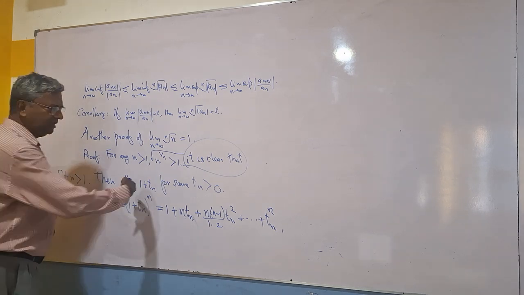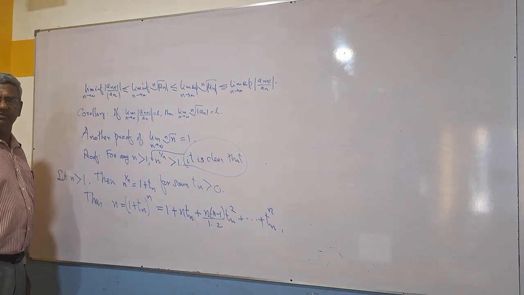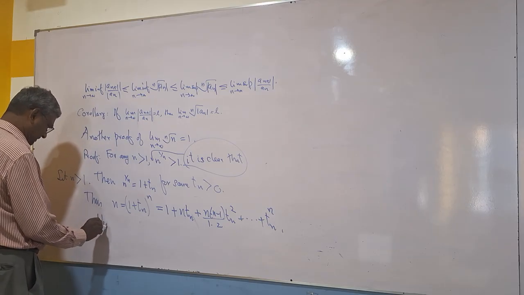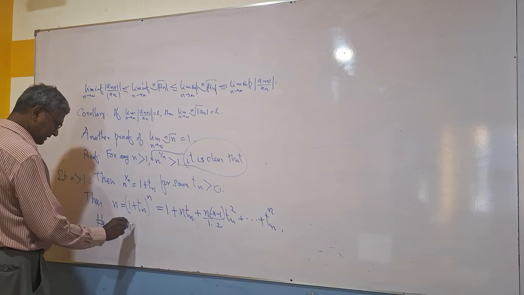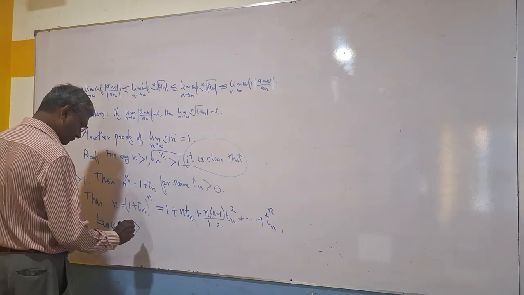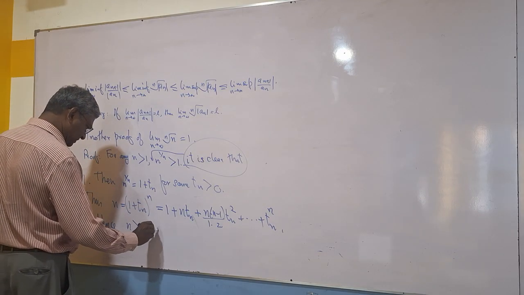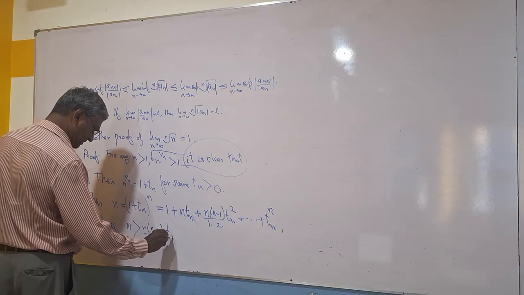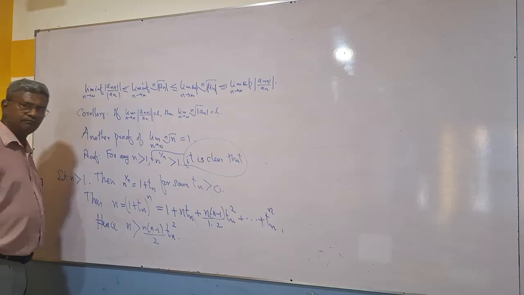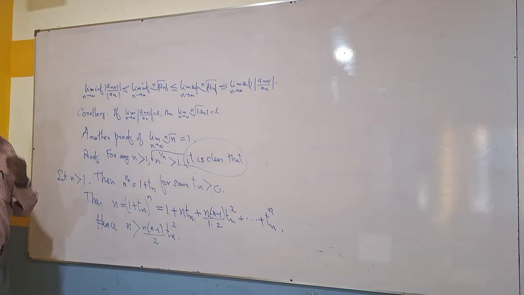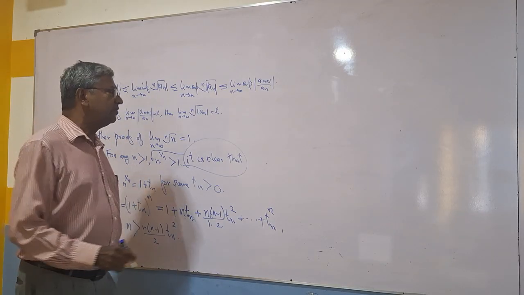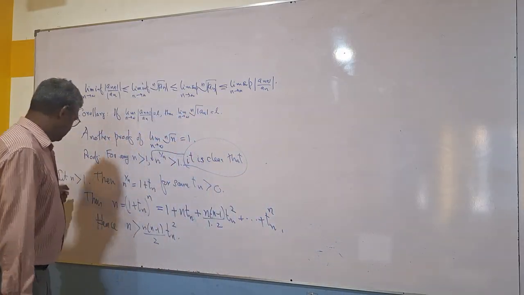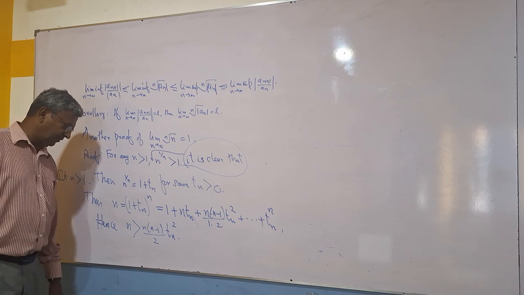Therefore, all the terms in the right hand side are positive. Hence n is greater than n times n minus 1 divided by 2 times tn squared. Since n is greater than 1, this is positive.